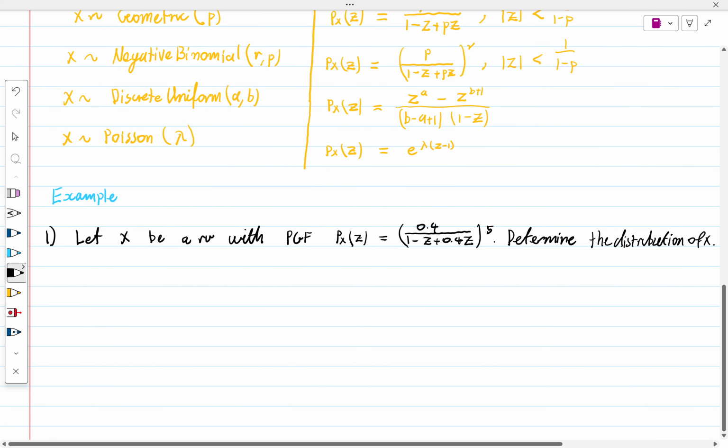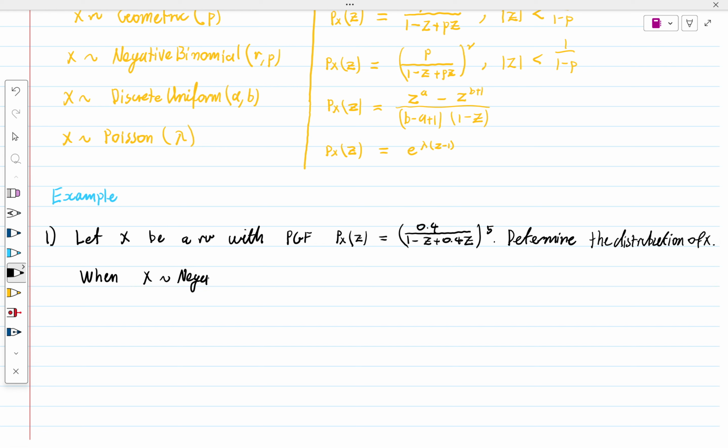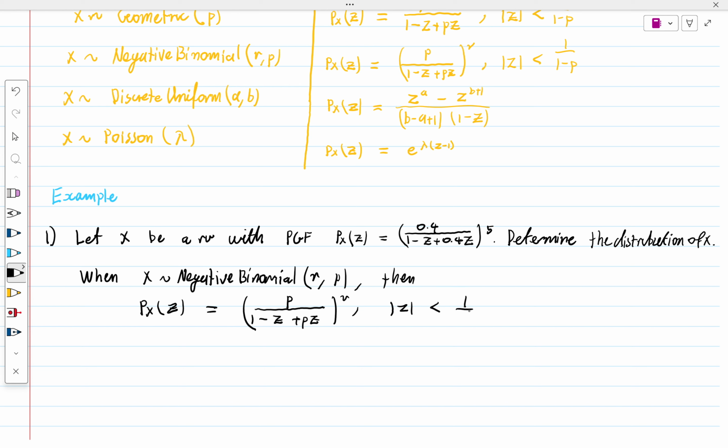So firstly, I'm going to say when X has a negative binomial distribution with parameters r and p, then the probability generating function P_X(z) we said was given by (p over 1 minus z plus pz) all to the power of r, where the absolute value of z is less than 1 on 1 minus p.